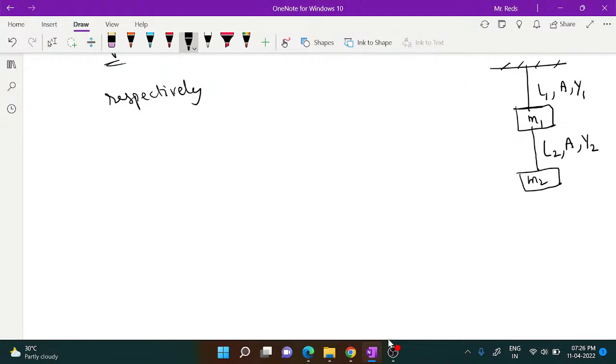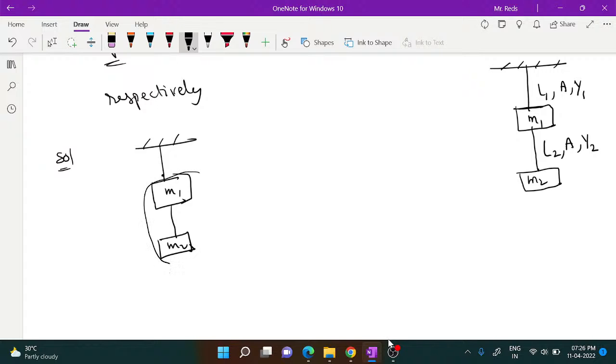Here is how to treat this. For the upper wire, you have to consider that this entire mass, M1 and M2, is acting on this wire.